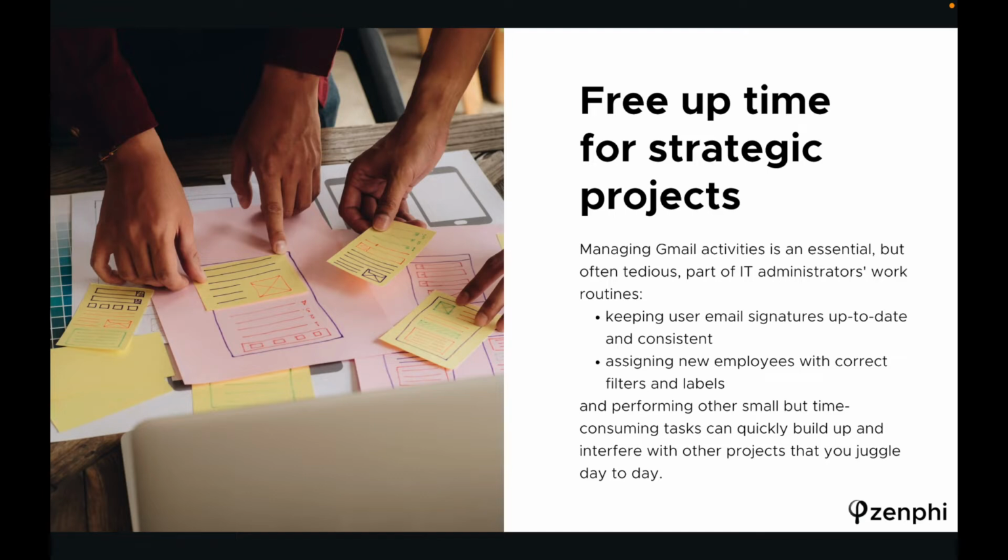Gmail management is an essential part of the work for different departments in the organization, and automating those Gmail tasks hugely benefits all of them. IT admins can free themselves from repetitive tasks, and the marketing teams can use email signatures, for example, to drive campaigns more efficiently.